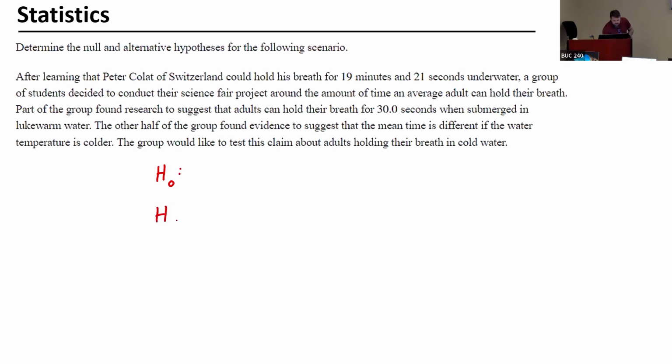And then I need to know the H of alpha, which is my alternative, okay? What is the common belief? And then what is the alternative that I am proposing or they are proposing?